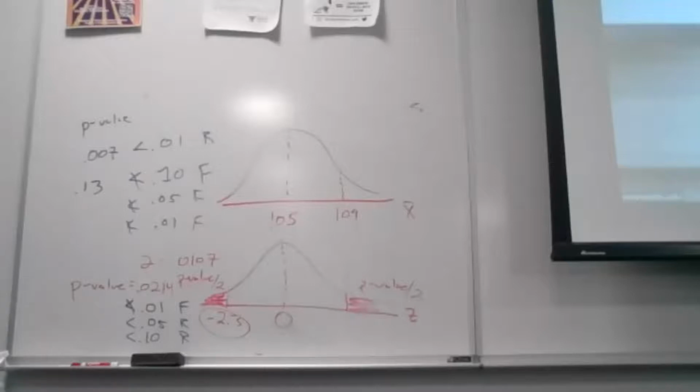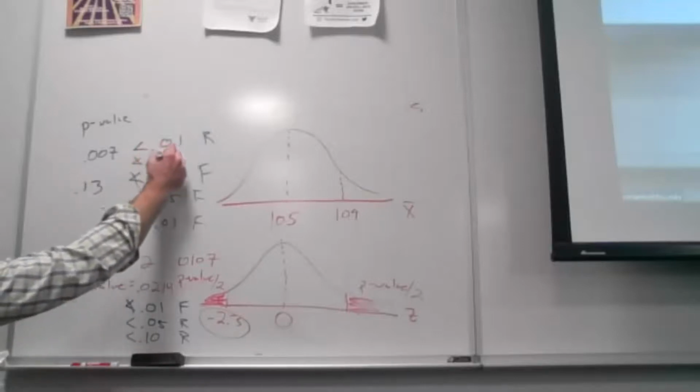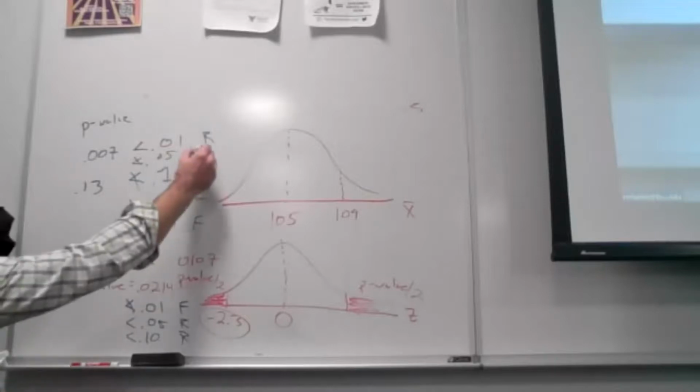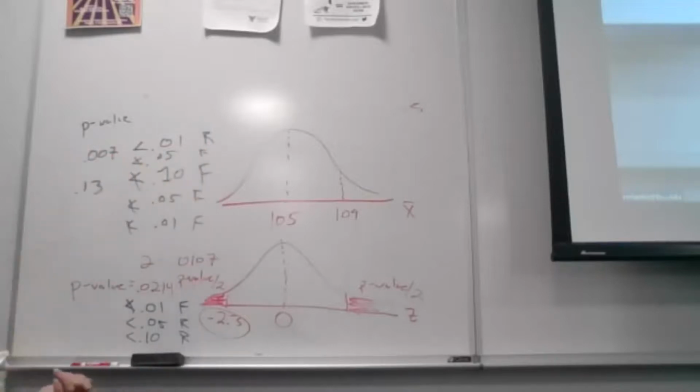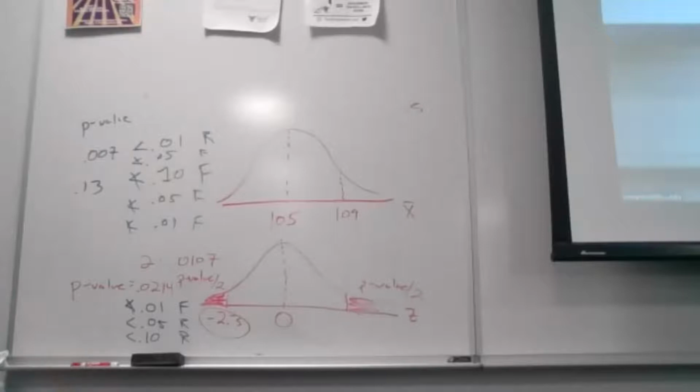So possible answers that don't make any sense would be if I said something like, I can only reject at the 1% level. Well, what value is going to be less than 0.01, but not less than 0.05? There's no value that fits that criteria, right? So an answer like the 1% level only, or the 1 and 5%, but not the 10%, those don't make any sense.